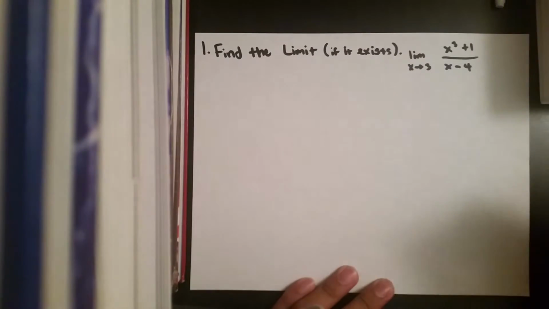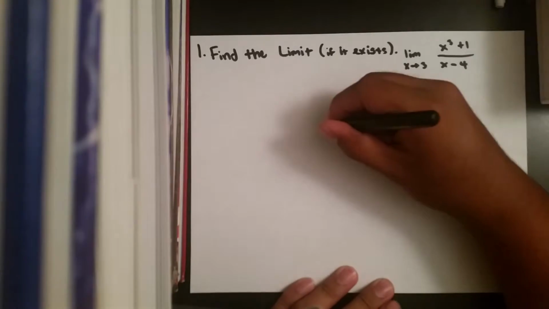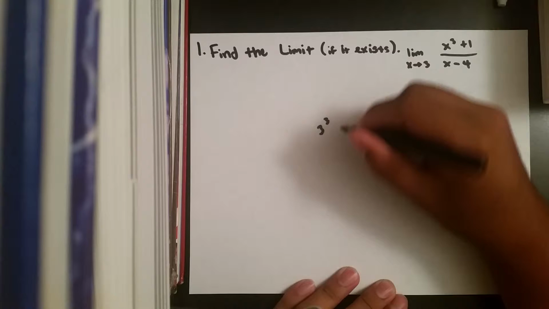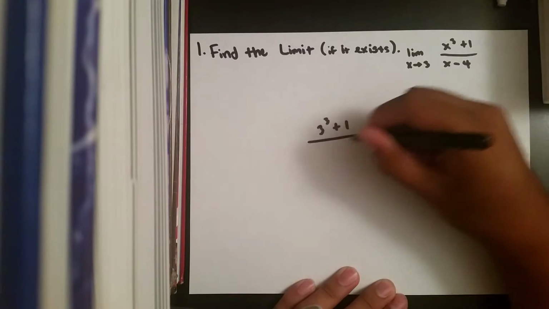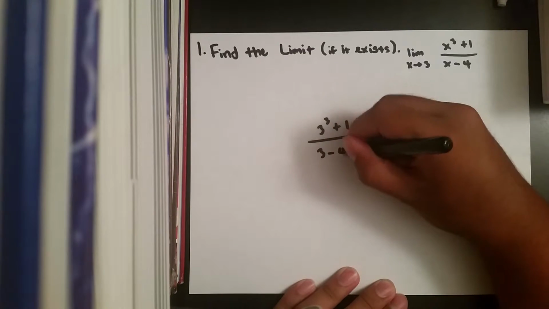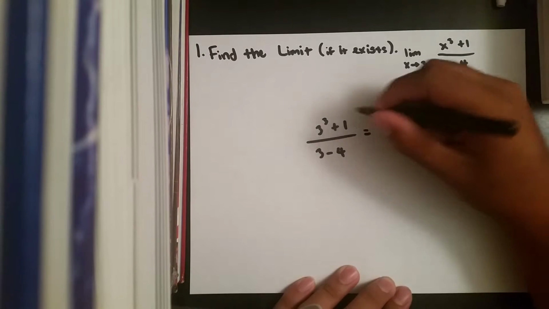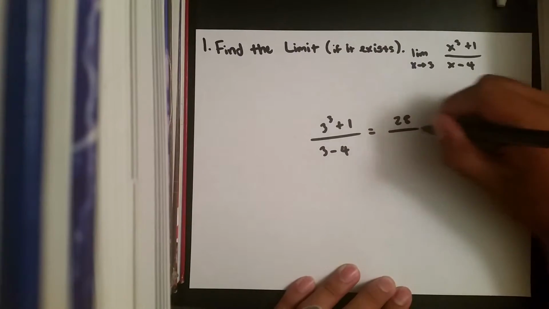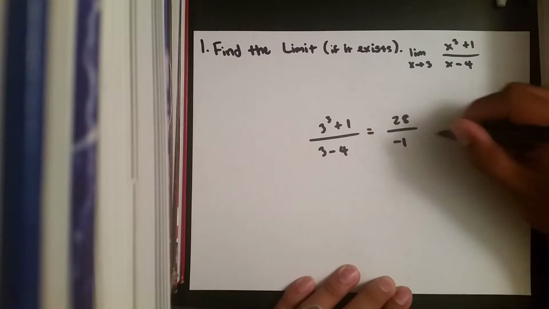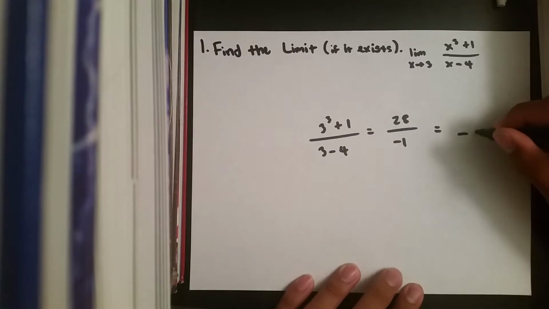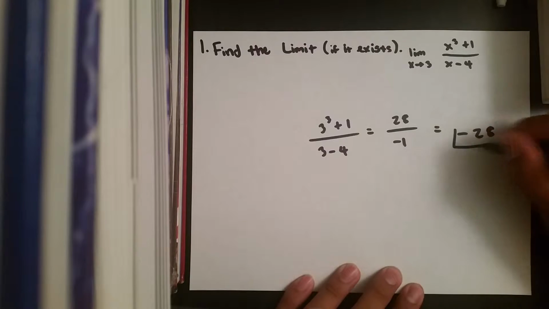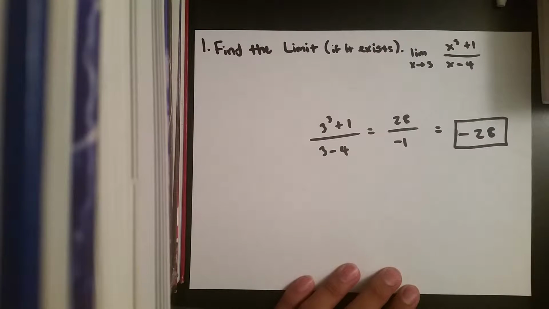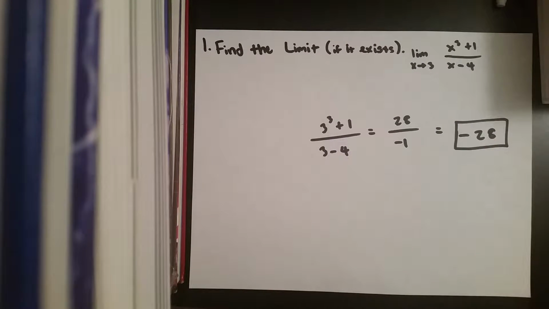Just plug in your x, so 3 cubed plus 1 over 3 minus 4. 3 cubed is 27, plus 1 is 28, over 3 minus 4, which is negative 1. And you get negative 28. Very simple. Boom, out of the way.